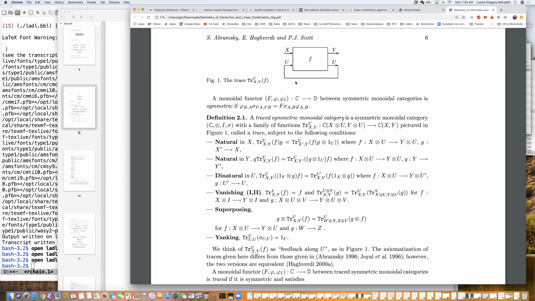So you can see this is the general shape. I've got the Hom set from X tensor U to Y tensor U, and I shrink it down to just X to Y. So I've got some morphism F that's running this way, and then I shrink it down.